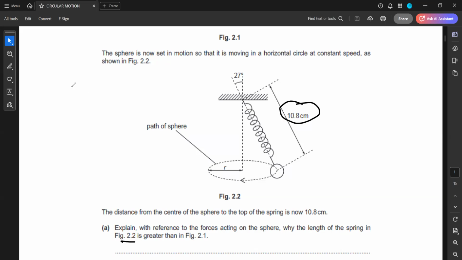Originally the spring was holding an object which was stationary, and now we set up this spring and it undergoes a circular motion.